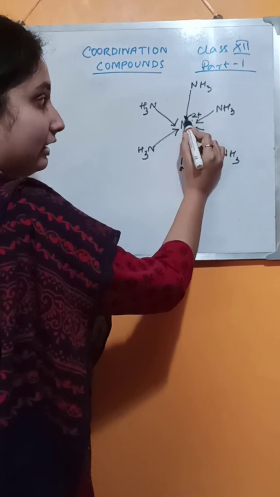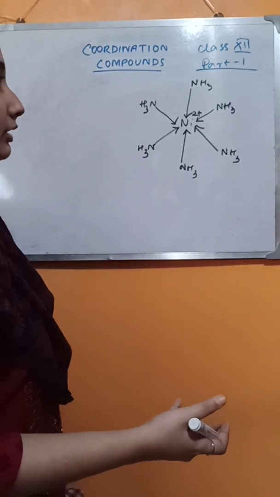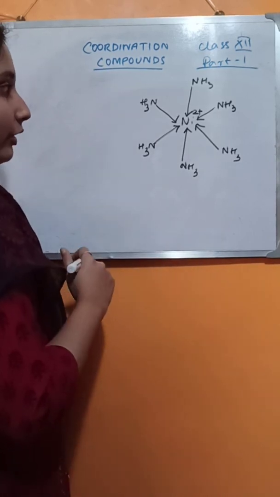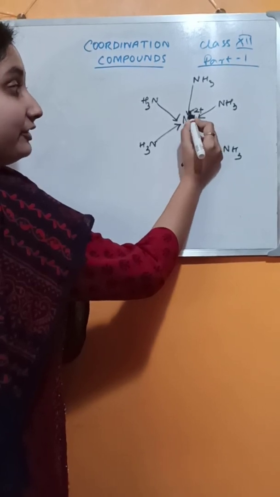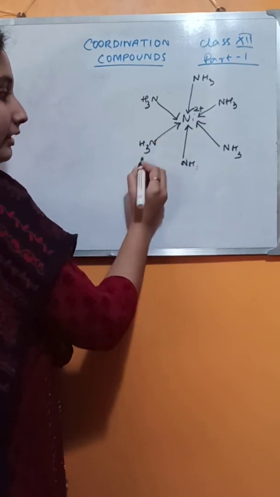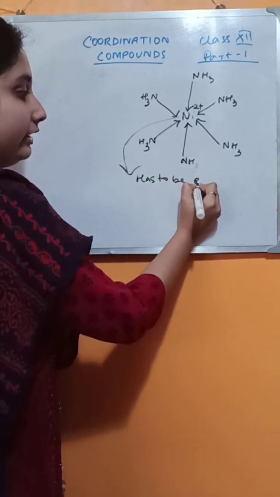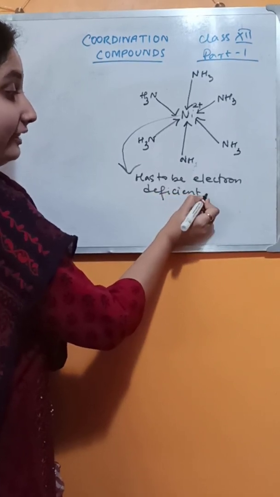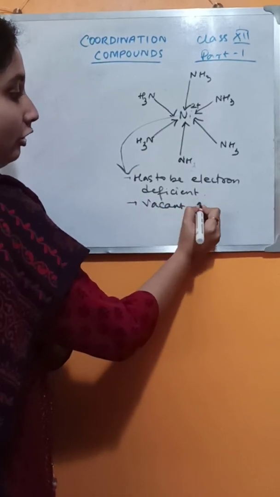Then how can you say which are coordination compounds and which are not? How can you understand that coordinate bonds take place in a compound? The important point here is, for coordination compounds, the central metal ion has to be electron deficient, and the second point is it must have vacant orbitals.